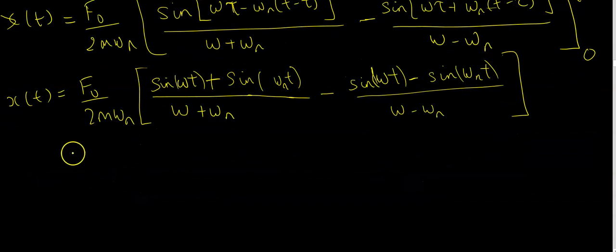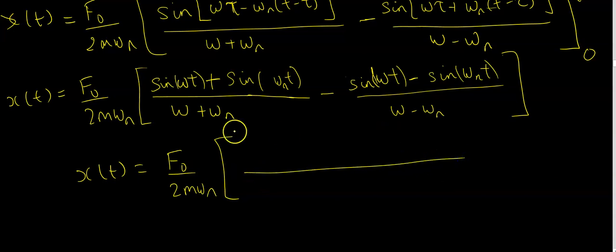So we can simplify it, and the whole idea is to get it looking like that Laplace solution that we had before, but f naught on 2m omega n, and maybe what I could say is that, well, this is the same.